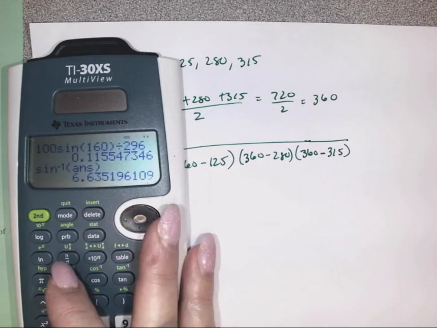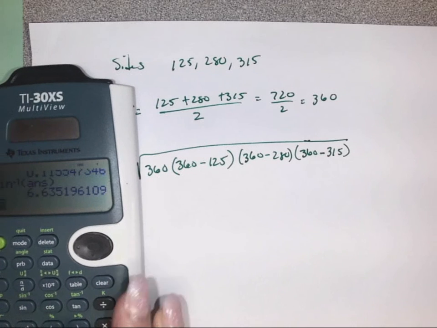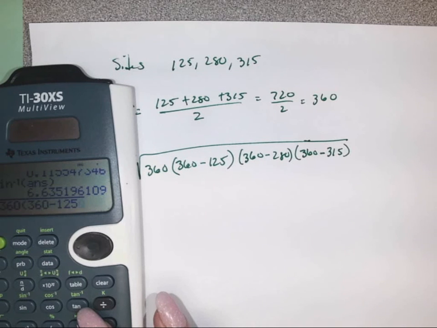So let's turn it on, and we'll have second square root of 360 times (360 minus 125) times, and I'm just putting it in parentheses so I don't have to use the times key, (360 minus 280) and (360 minus 315).